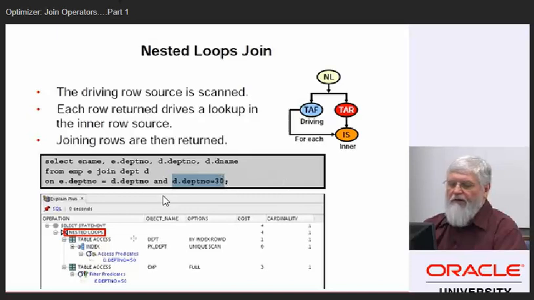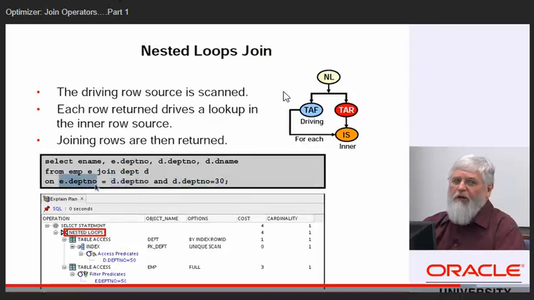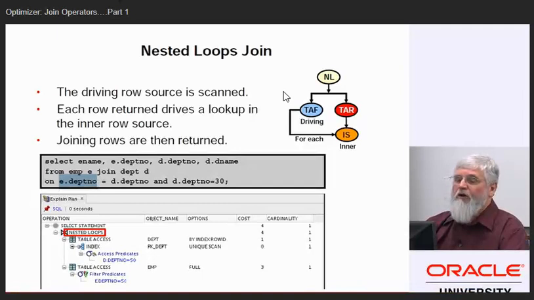We're doing a full table scan on the larger table and probing the other one because we didn't have an appropriate index on the employees side. Normally on the department number, this is the primary key, so it will have a unique index on it. This one is a foreign key. Unless you put one on, it doesn't have an index automatically. In some cases, it may be a good idea. It may give us actually a better access path for the nested loop. But in this case, we didn't, so it used the larger table as the driving table.